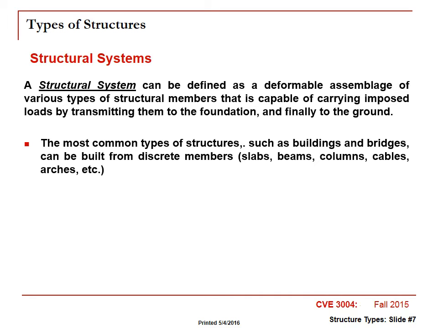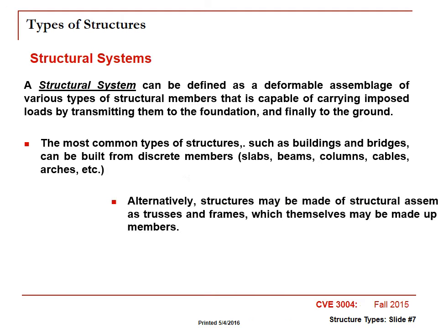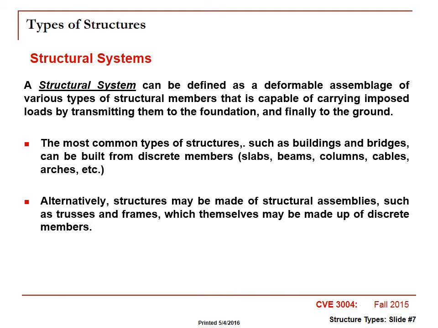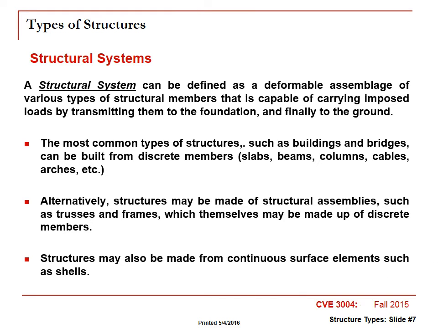Generally speaking, the most common assemblage of members is a building frame, whether that frame's made out of steel, concrete, or wood. There's generally going to be a floor system or a slab system or some sort of diaphragm system where floor loads and roof loads are transmitted to beams, which are transmitted to larger beams, ultimately into columns. And again, this load path works its way ultimately down into the ground.